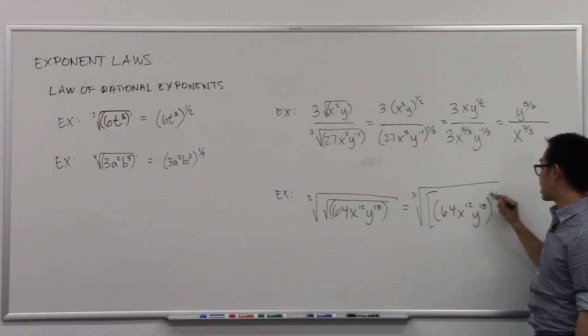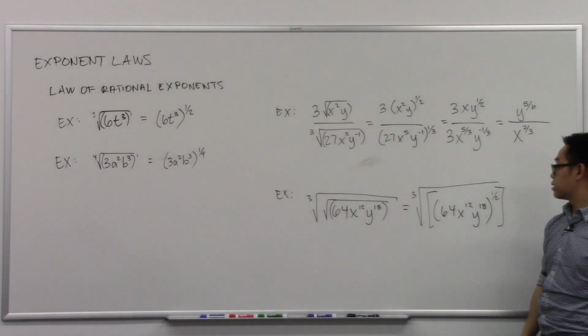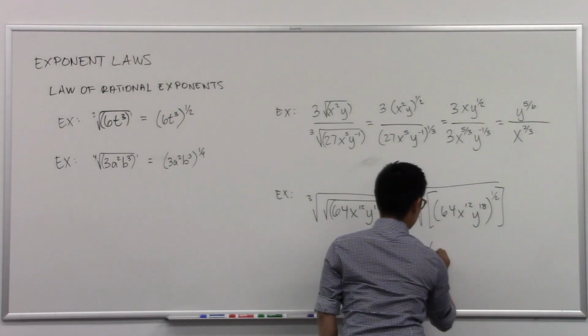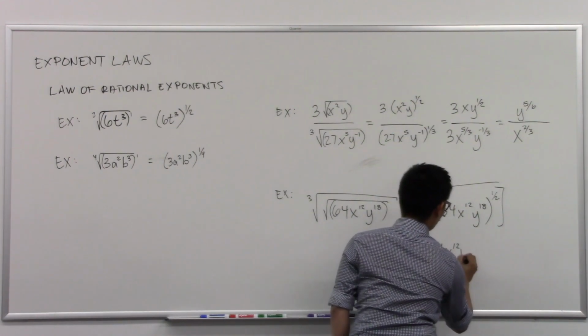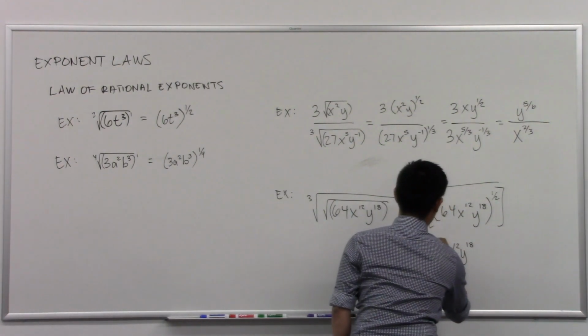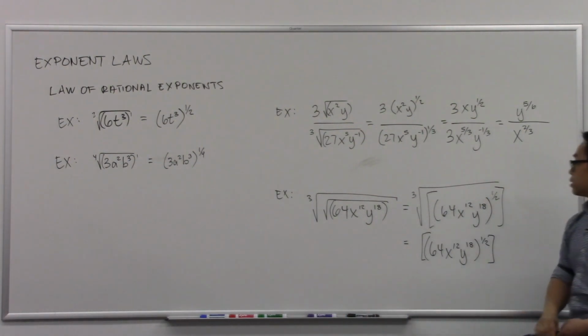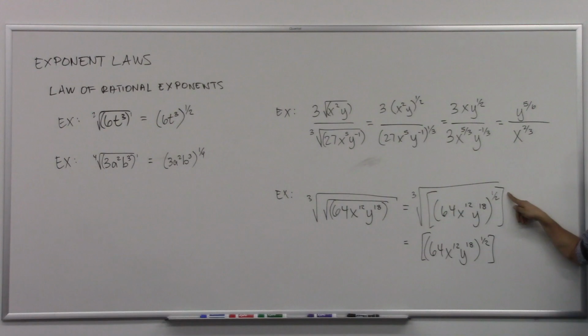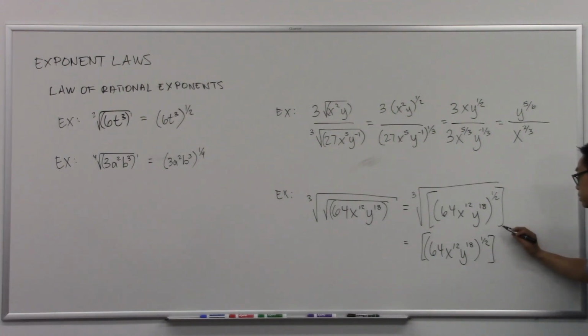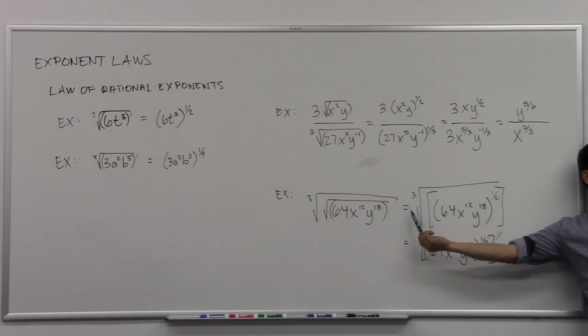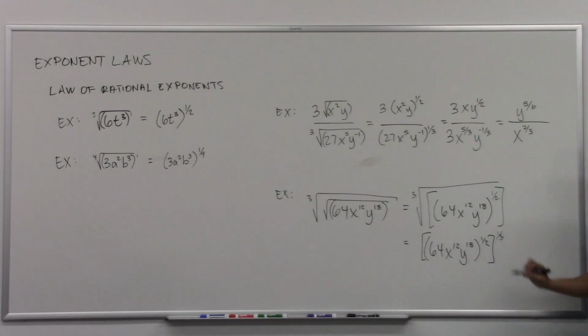So what I can do is I can cap it in brackets. You get 64, x to the 12, y to the 18, to the 1/2, with square brackets around it. What's the exponent on the outside of that square bracket? Yeah, 1. What's the root index? So you get that.